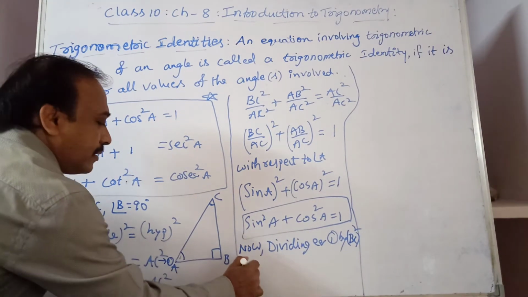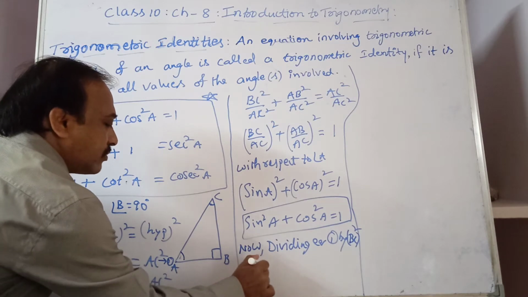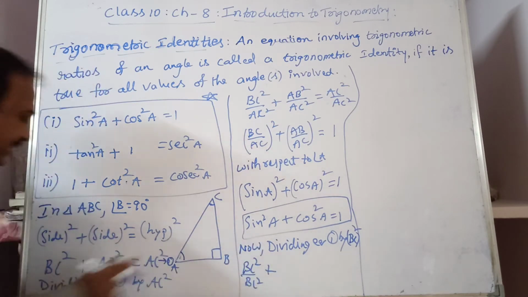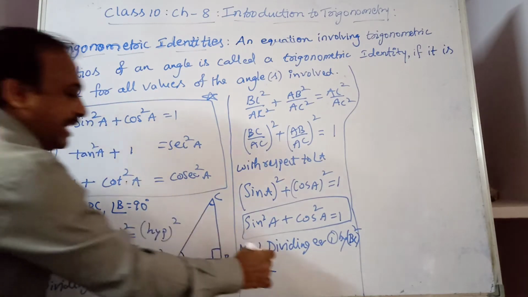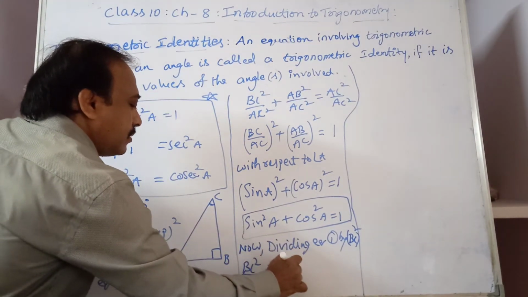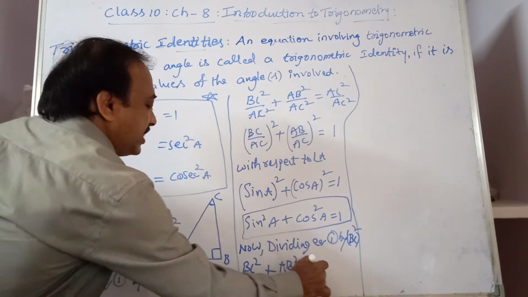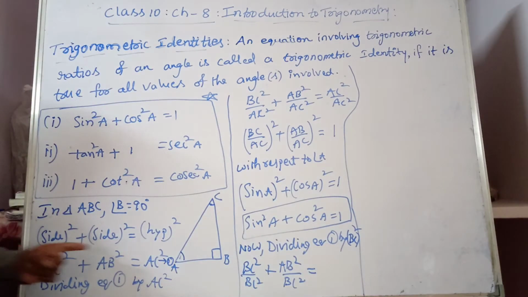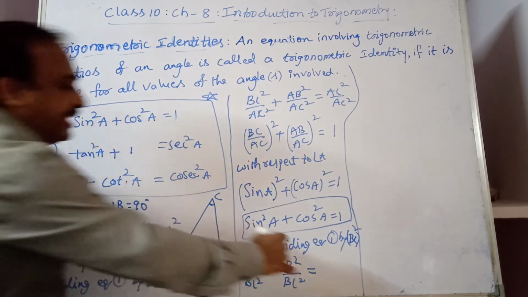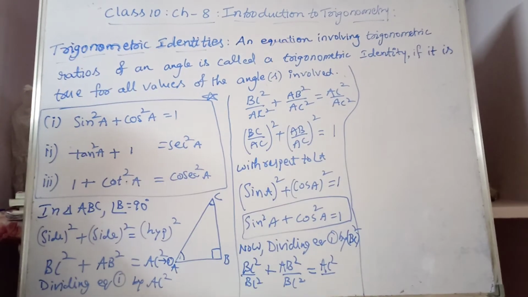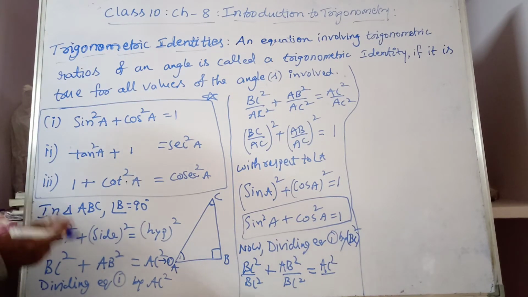BC square by BC square plus AB square by BC square, which is equals to, now you say, what do you have? That is hypotenuse. AC square by BC square.